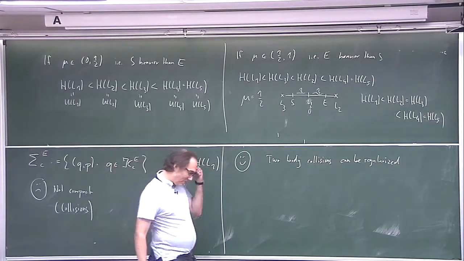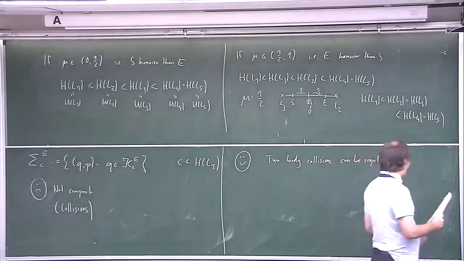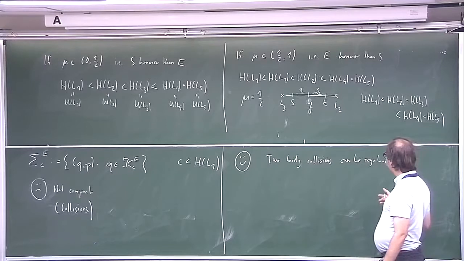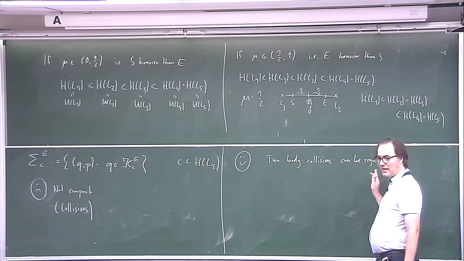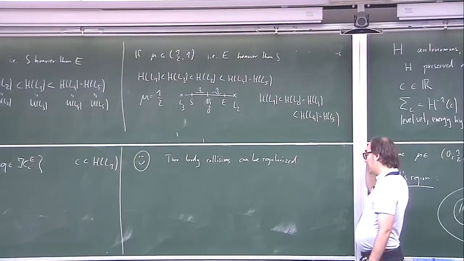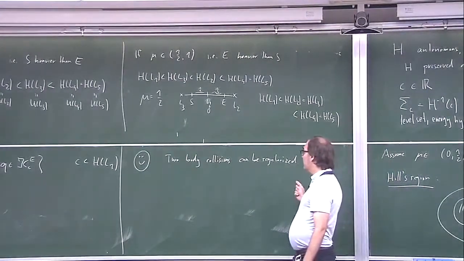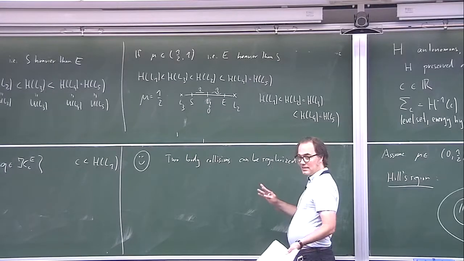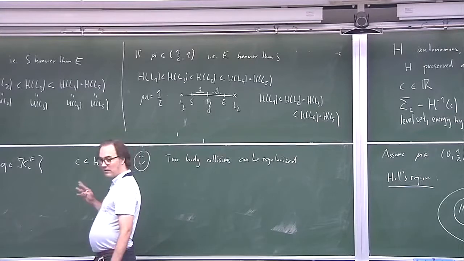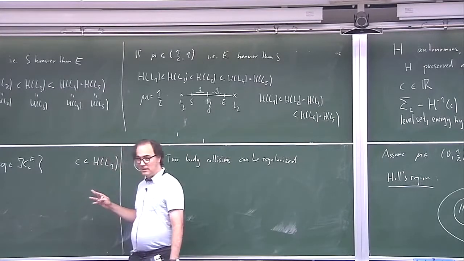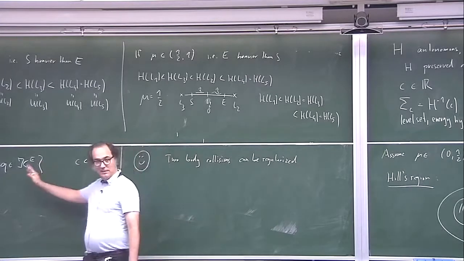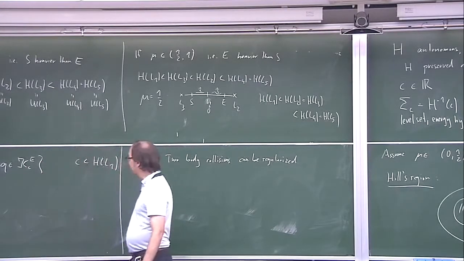This is kind of an old story, and there are different ways to regularize them. This problem already arises in the Kepler problem, and for didactical purposes, I would like now to explain the regularizations in the Kepler problem, and we can also do this then for the restricted three-body problem.